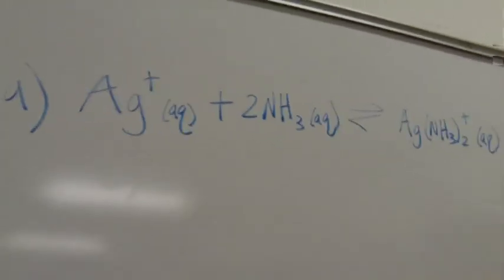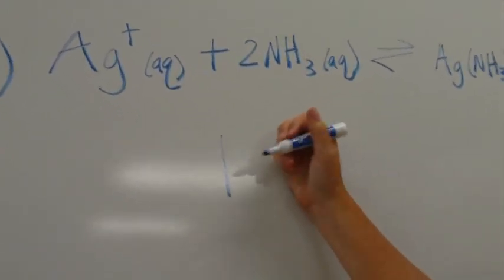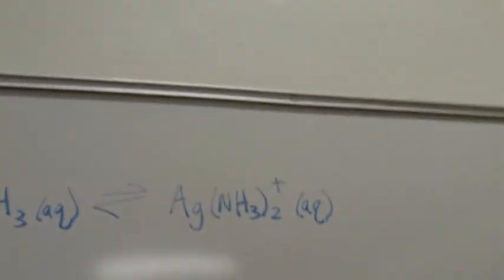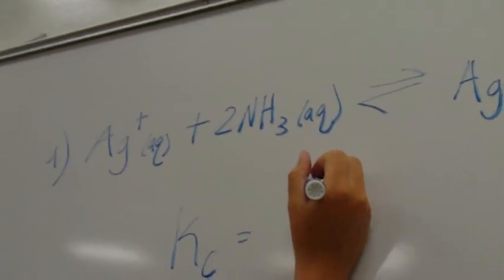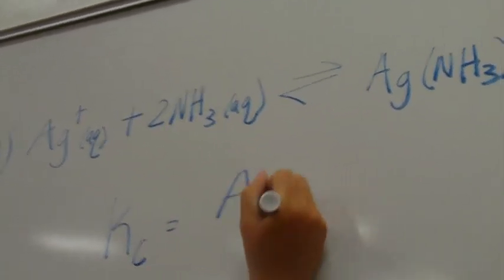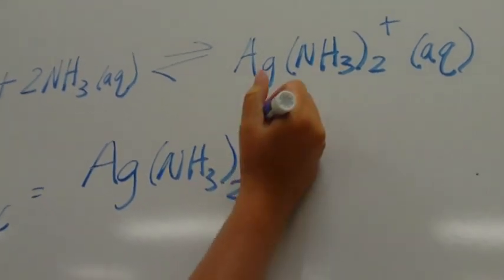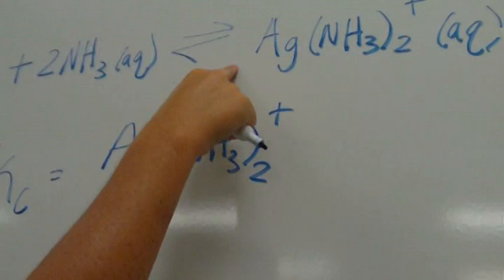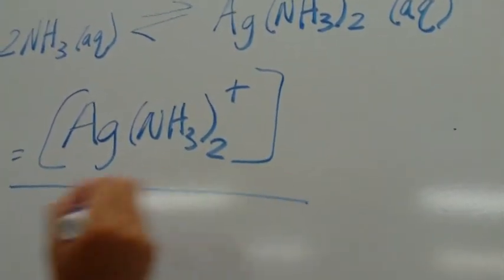So over here with part A, we're just going to take our products, and here we go. So it'll just be Ag NH3 squared plus, and notice that there's no coefficient there, so we're done with that.